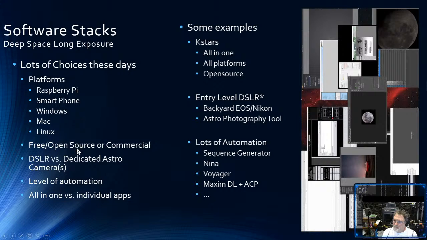What's going to drive some of those choices is, are you going to use a DSLR or mirrorless camera versus a dedicated astro camera? And what is the level of automation that you're going to try to achieve? Or did you just want to image up to the meridian and then stop? Or are you going to stay up all night and do things manually?